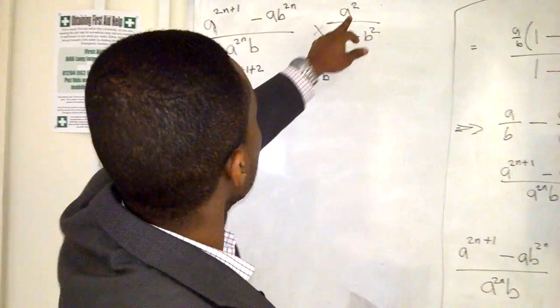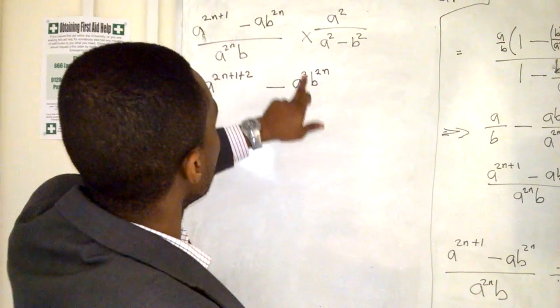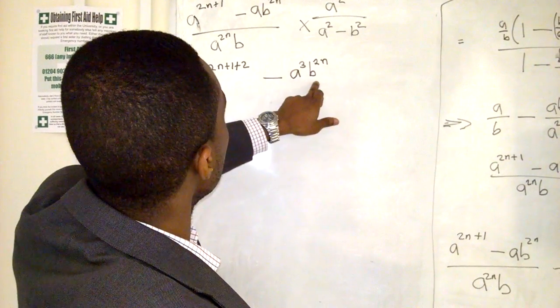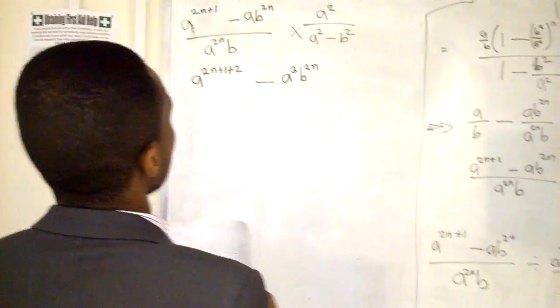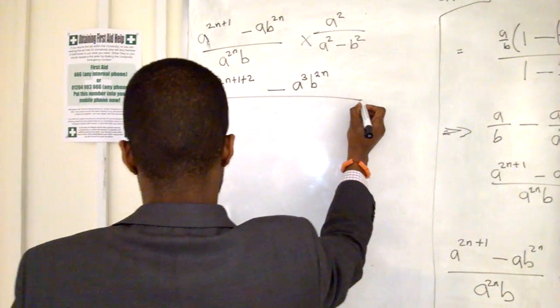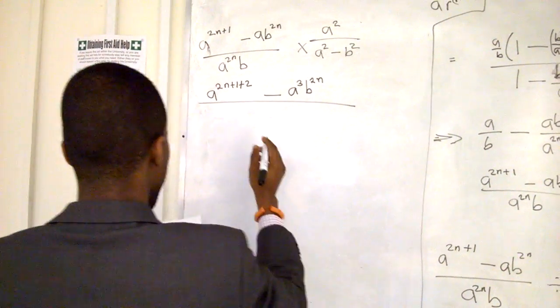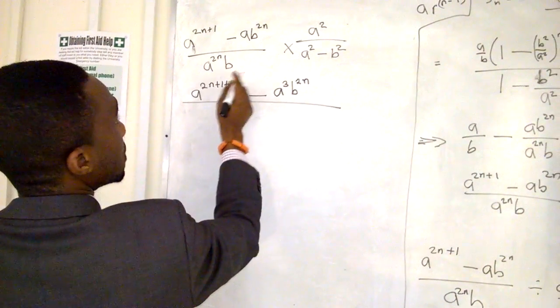You see, a squared times a will be a cubed, then b squared n. That is the numerator done.